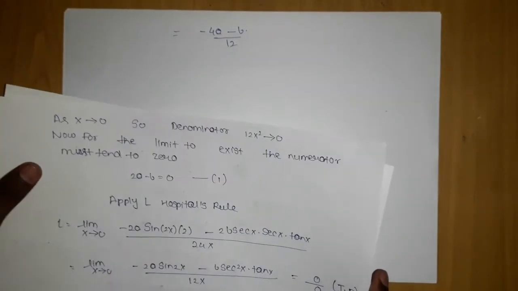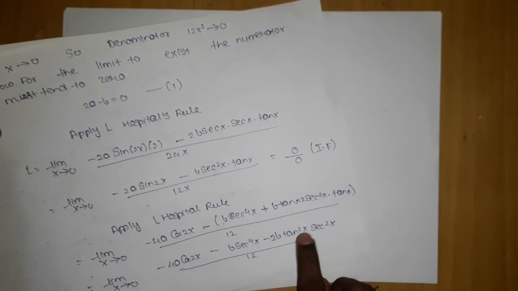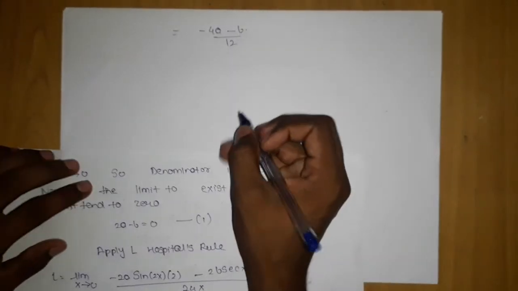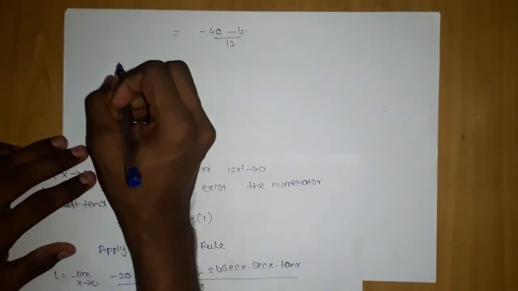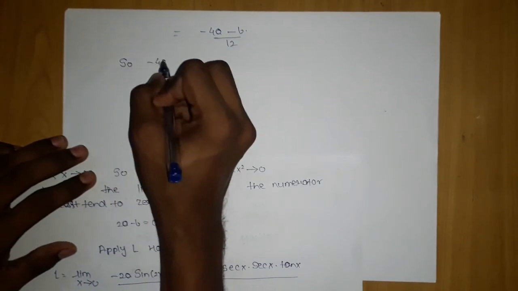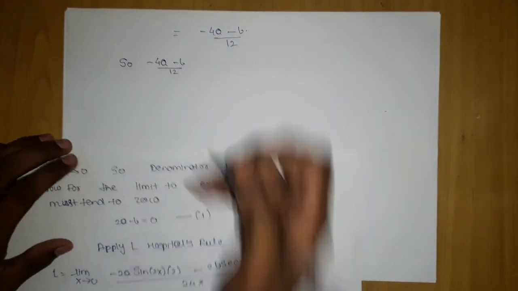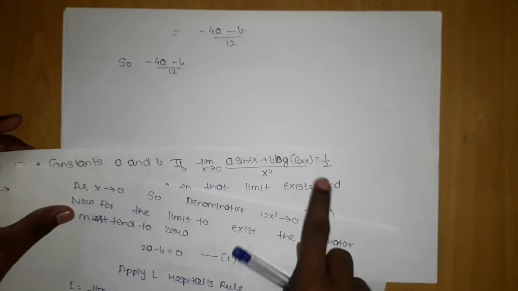Now we are getting some fixed values, and this will become 0 due to the presence of tan square x. Now we are getting a fixed value, so minus 4a minus b by 24 should be equal to the value of the limit which was given, 1 by 2.